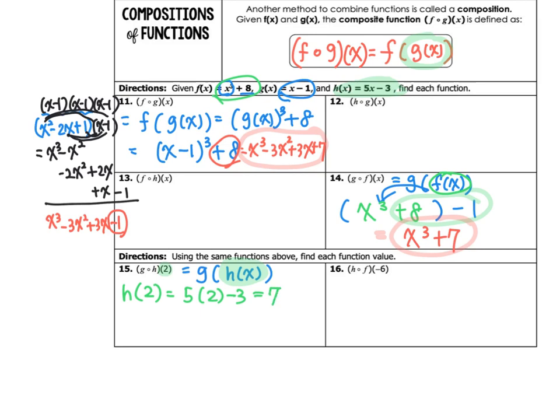It is 7. And now what we need to do, that's right, we need to plug that 7 into g of x instead of h of x, right? So g of 7, where is the g of x? There you go, x minus 1, so 7 minus 1, which will be 6. So we got the answer, guys.